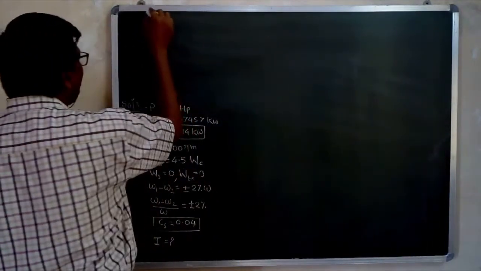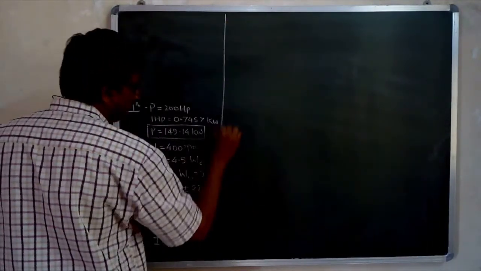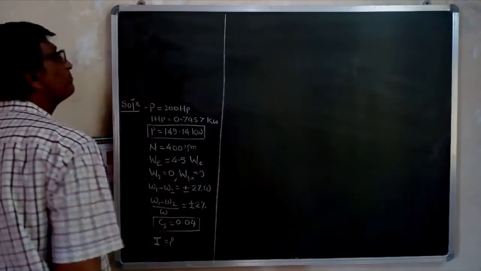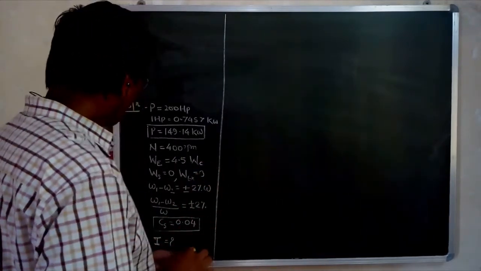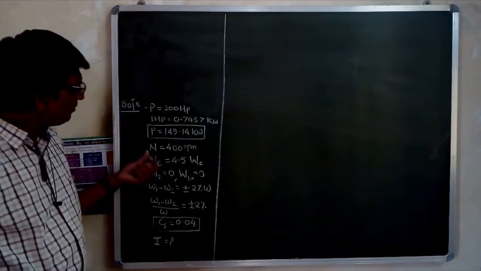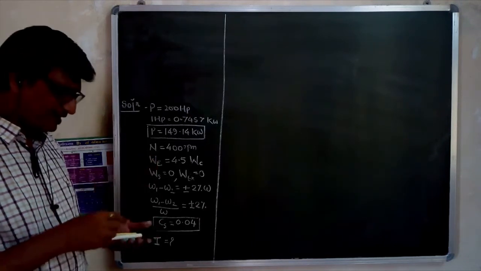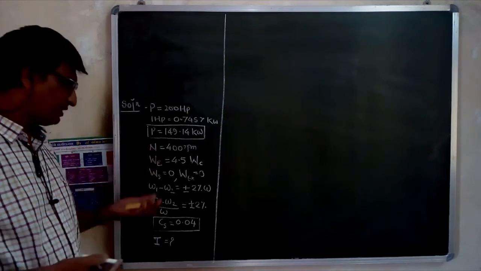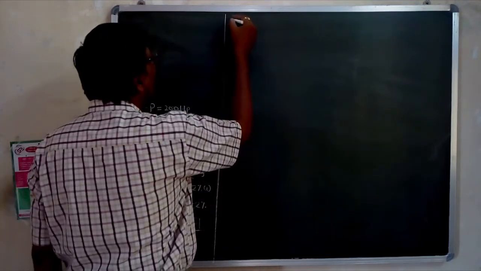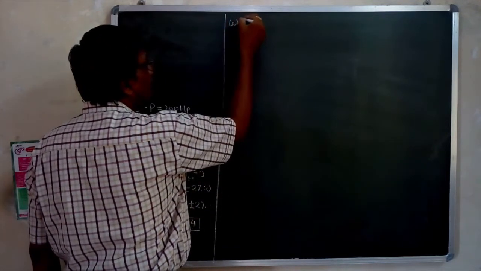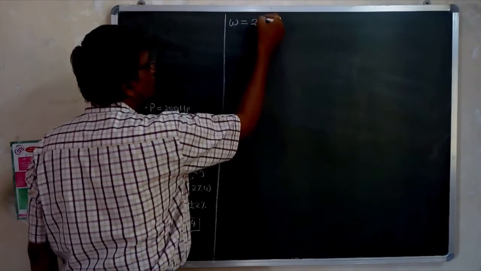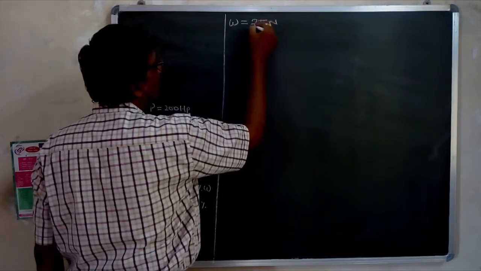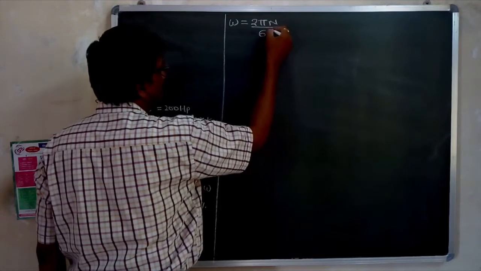First of all, I know N, so I will calculate omega. I know P, so I can calculate work done per second. Omega is 2 pi N upon 60.